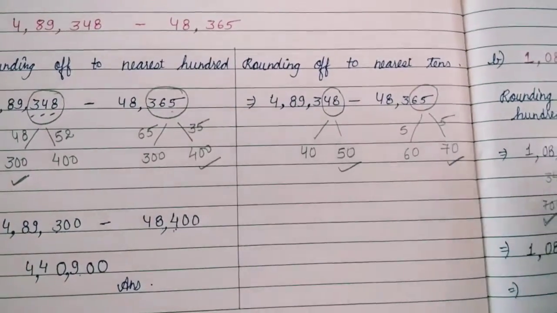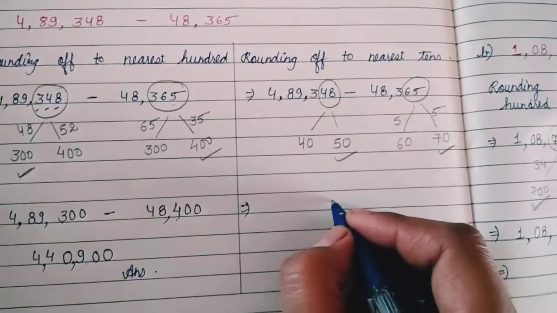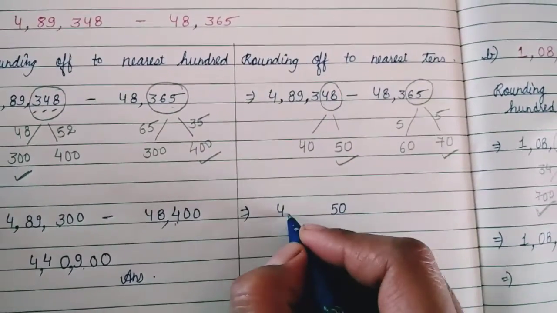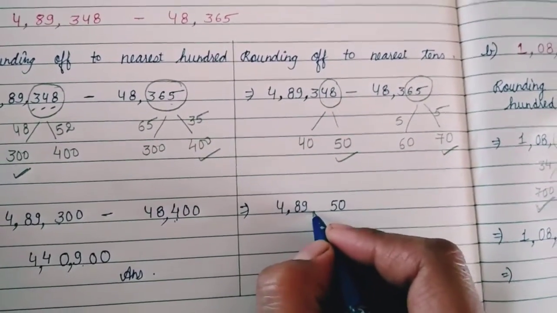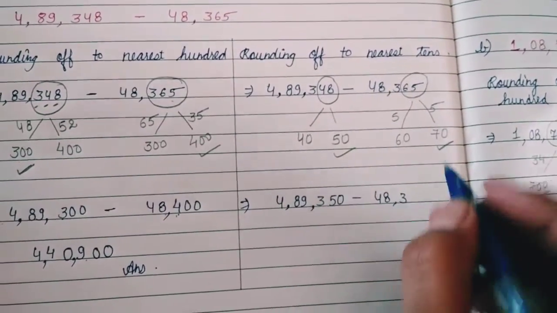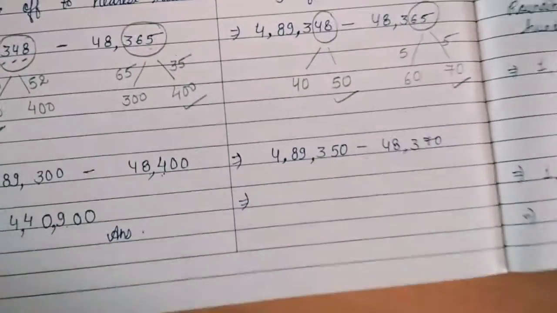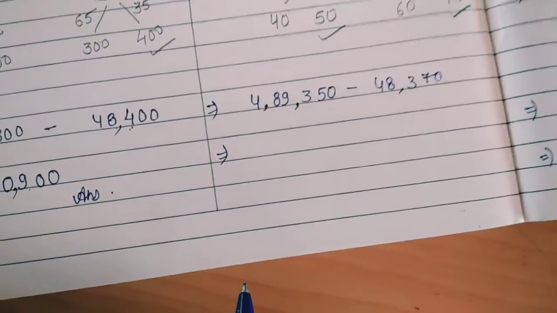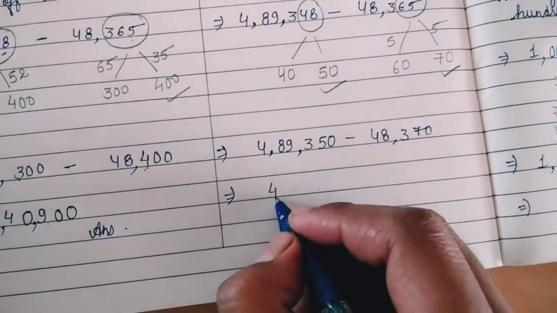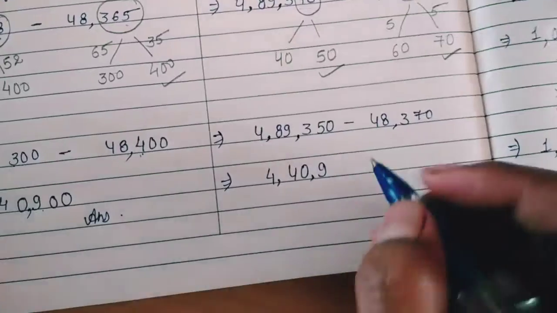That's why we are choosing here 70. So in the place of the circle we will write 50, and the other elements will come as it is. Okay, minus 48,370. Okay, after subtraction what will we get? After subtraction we will get 4,40,980.